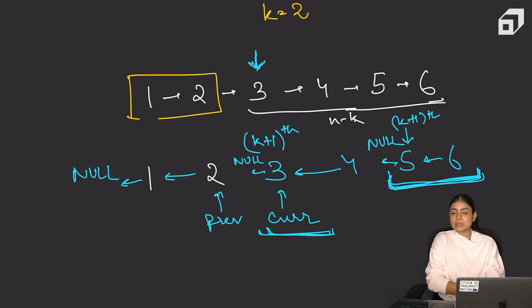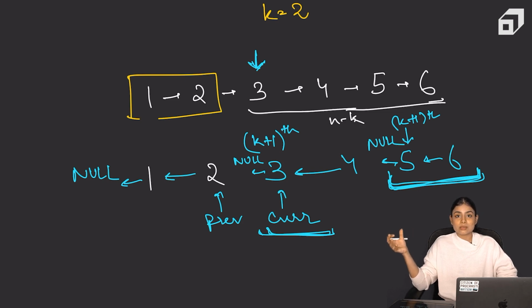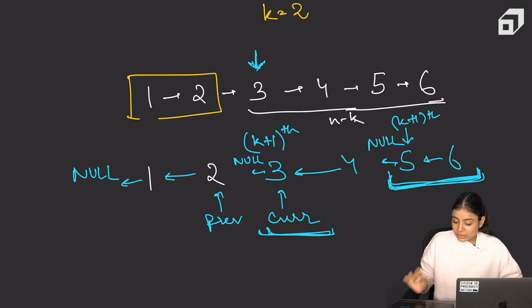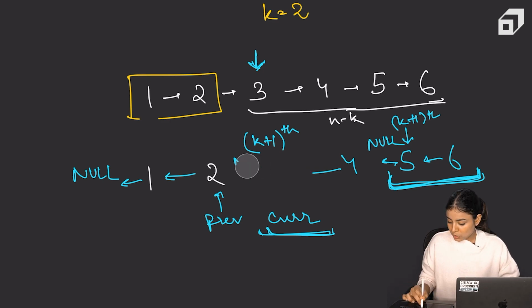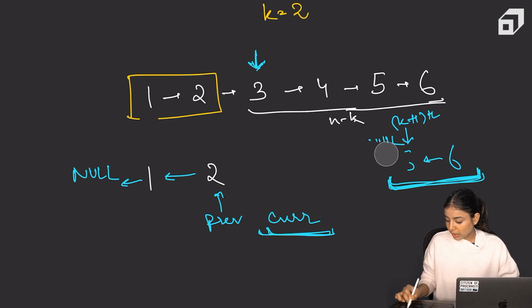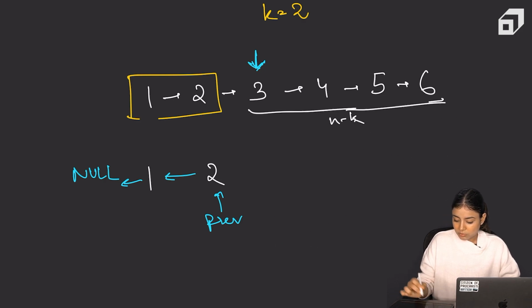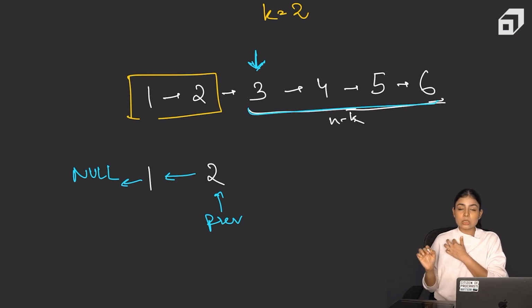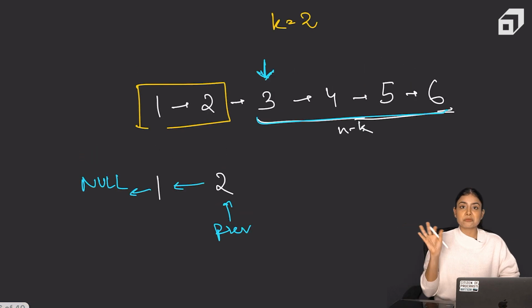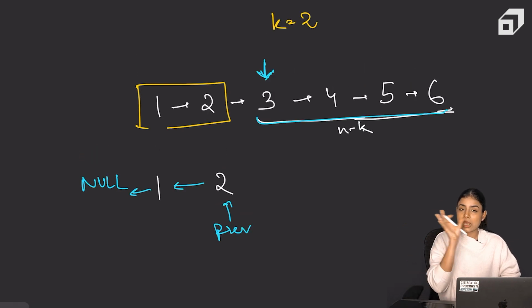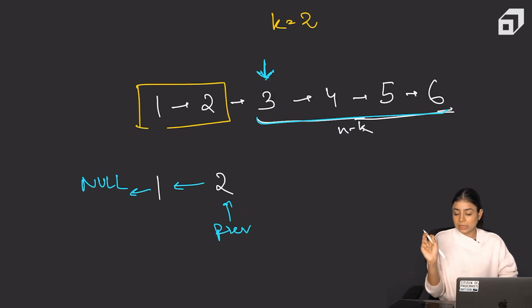Now I can see recursively what is happening. k nodes are getting reversed. But now how am I connecting these k nodes? Let's try to understand that. Let's assume when I call the recursive function for the rest of the n minus k nodes, I get the reversed linked list for those n minus k nodes, k at a time.